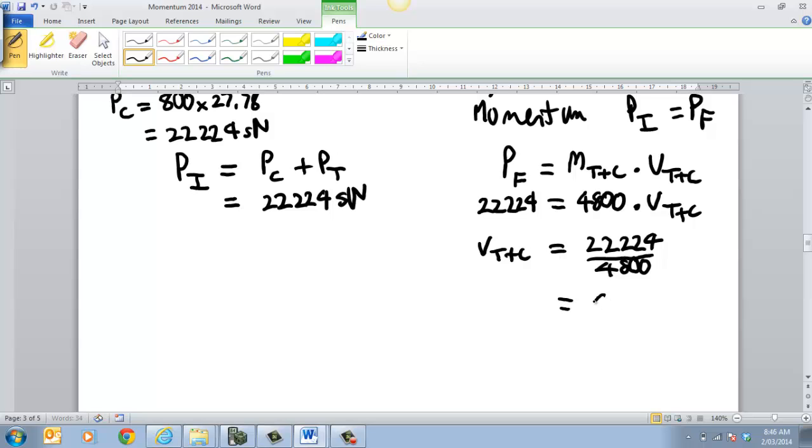So that's 4.63 metres per second, which is approximately equal to 16 kilometres per hour. So we go through that process.